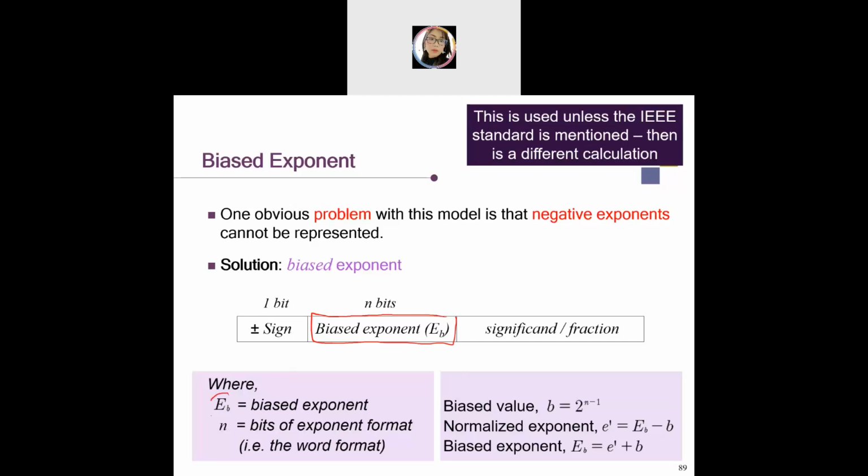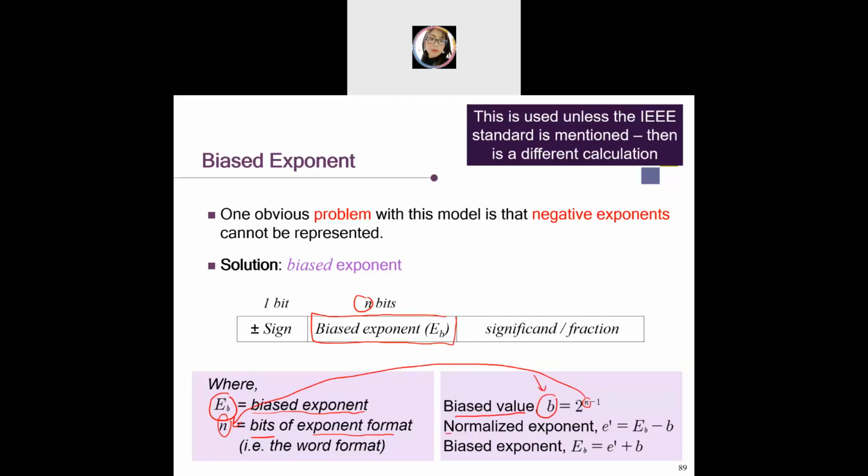The symbol E, capital E, B is the biased exponent. N here is the number of bits of the exponent format. And then we have the bias value, which we call B, equal to 2 to the power of n minus 1. That's why you need to know the n bits first before we can get the bias value.